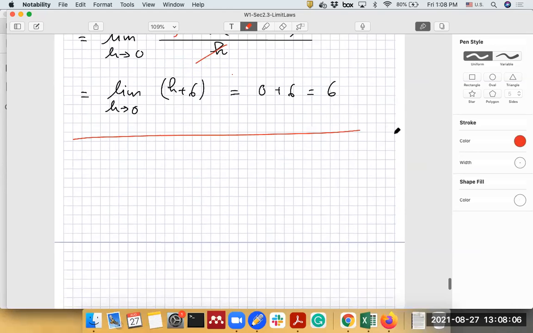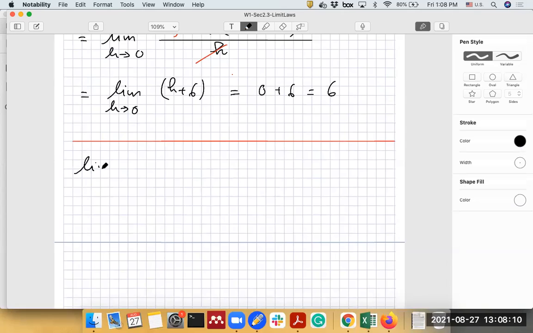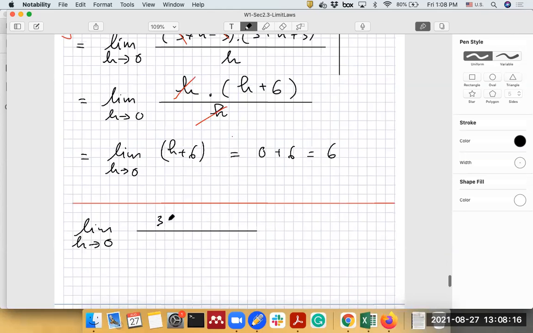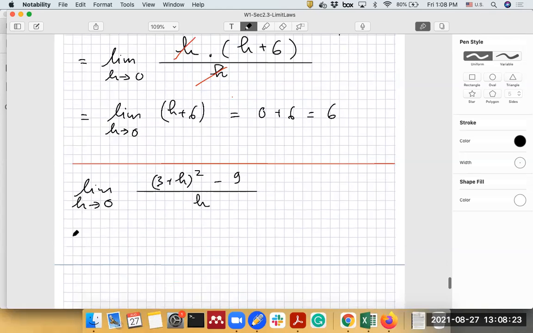Let's just write another way, okay? Limit when h approaches 0 of (3 plus h) squared minus 9 over h. You can definitely expand it. And what do you get?